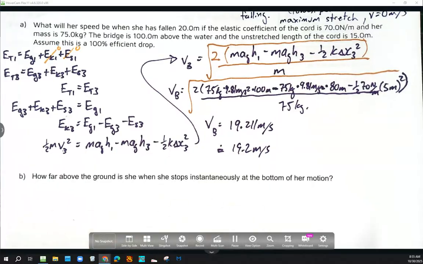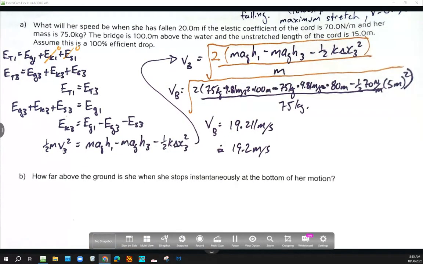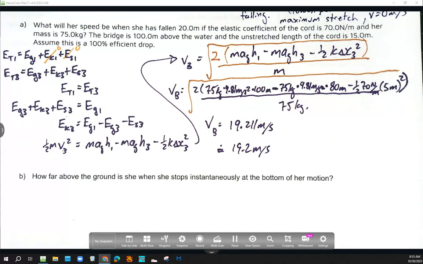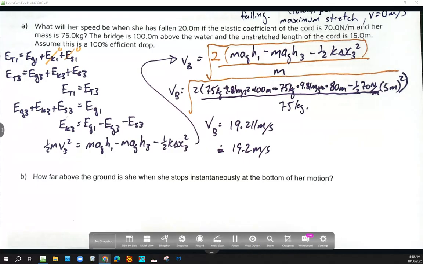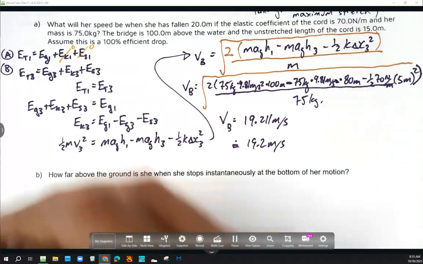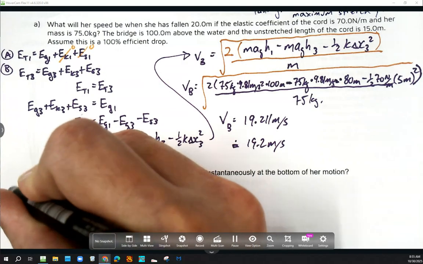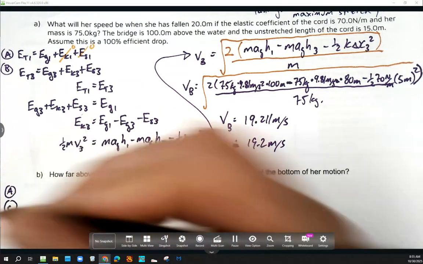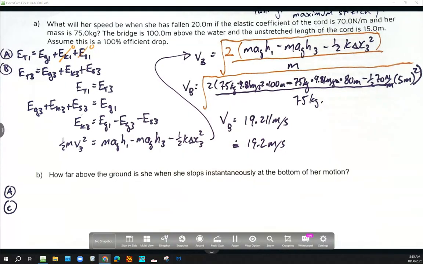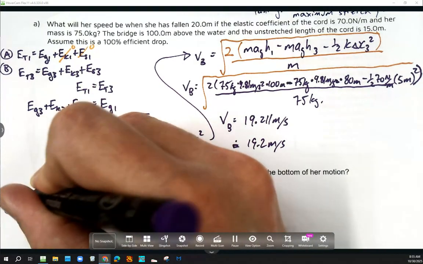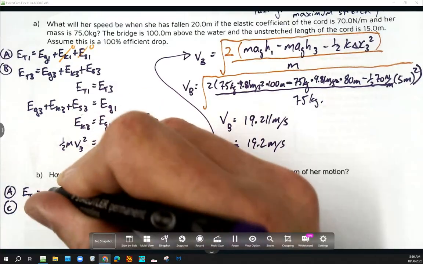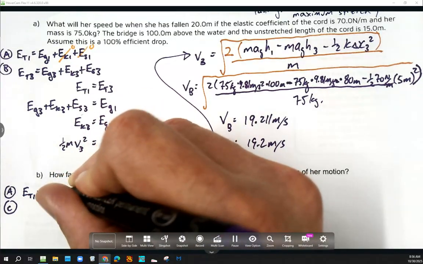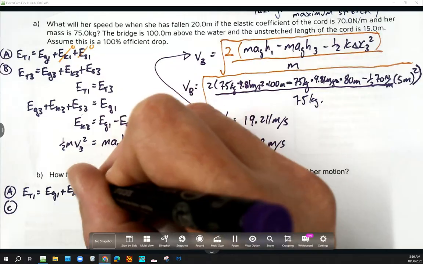The next question is, how far above the ground is she when she stops? Well, again, we're just cherry picking out our guiding equations, right? So when we look at our guiding equations, our illustration at the top of the page, when she comes to a stop, we're comparing what happened at position A to what happened at what we defined as position C. At position A, we had E total 1 equals EG1 plus EK1 plus ES1.